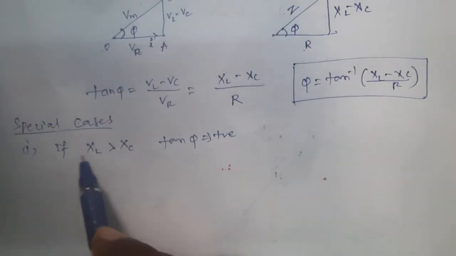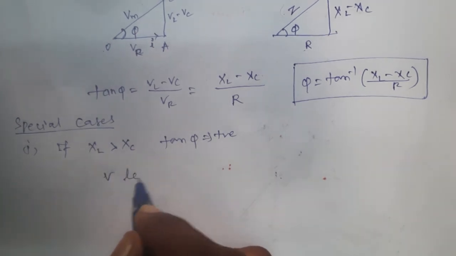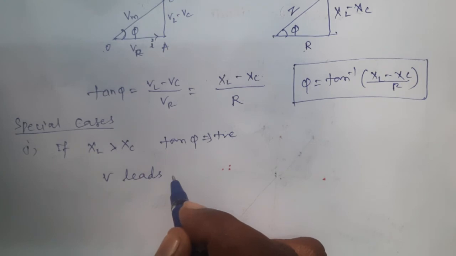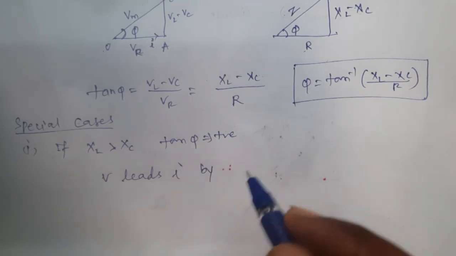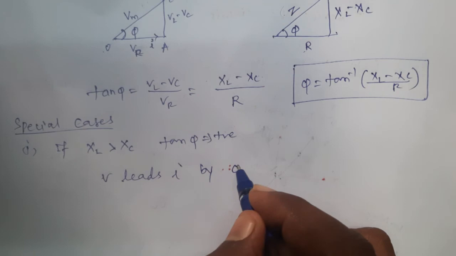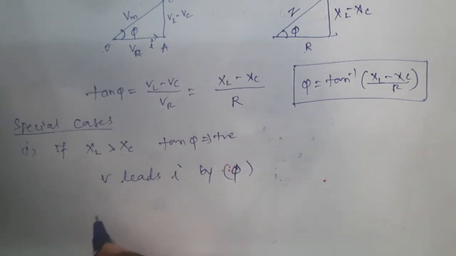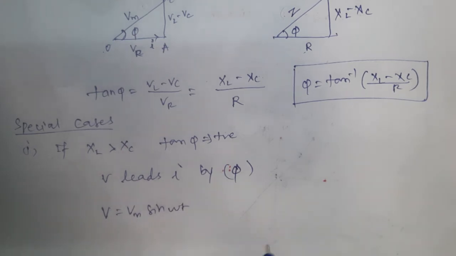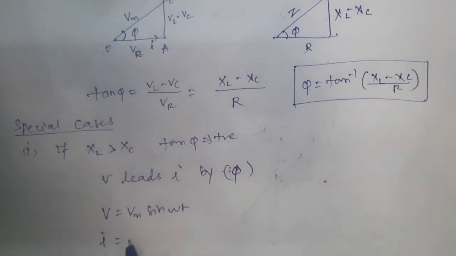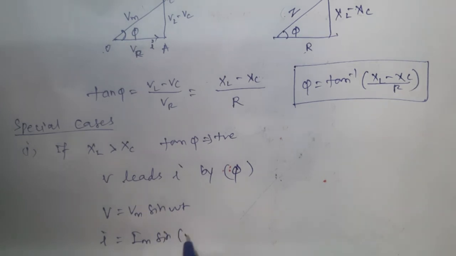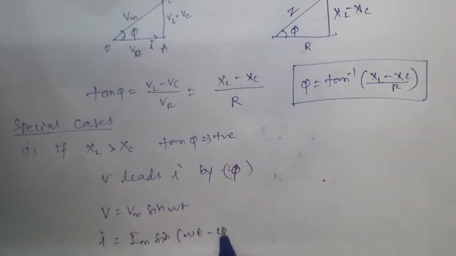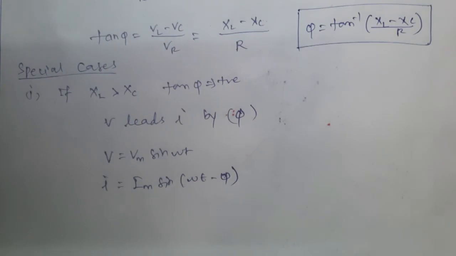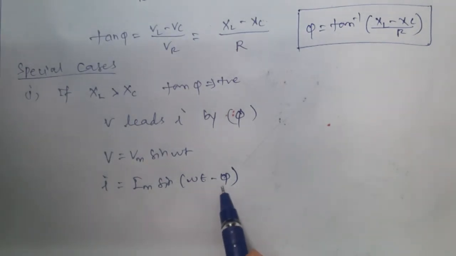In the inductive predominant circuit, voltage leads the current, by the phase angle phi. So the voltage formula is V equals Vm sine omega t. Then the current formula is I equals Im sine omega t minus phi, where the current is lagging, so minus phi. If the current is leading, it is plus phi.